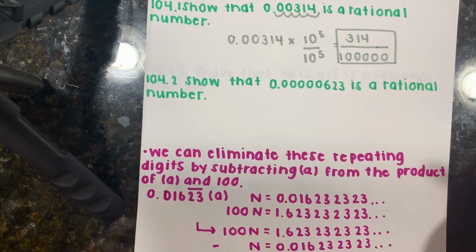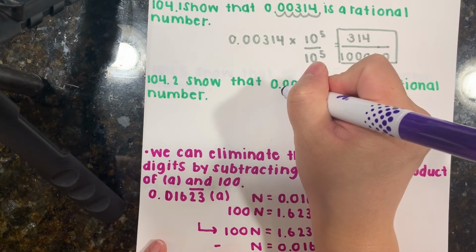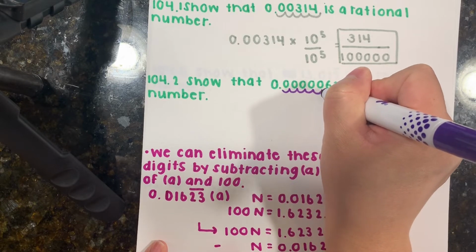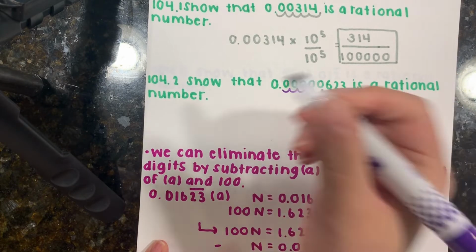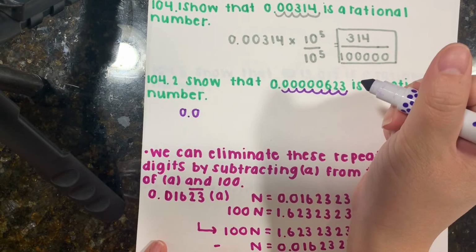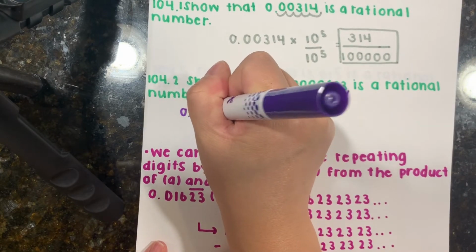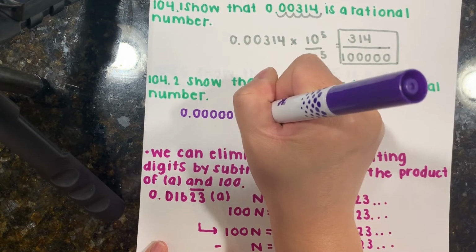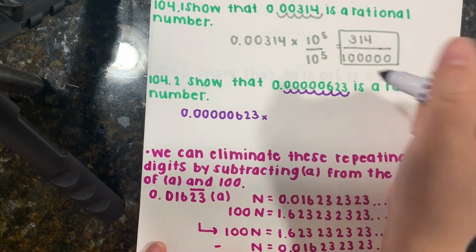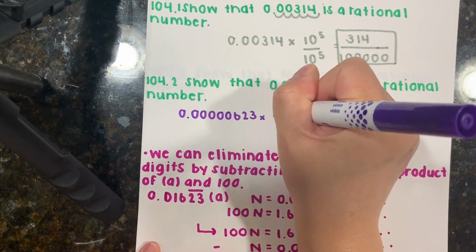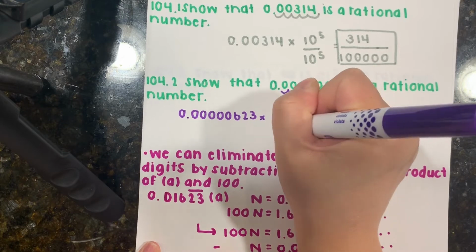Okay, so for the next one, I would need to multiply this by 1, 2, 3, 4, 5, 6, 7, 8. So that would be 0.00000623, and that has to be 10 to the 8th over 10 to the 8th.